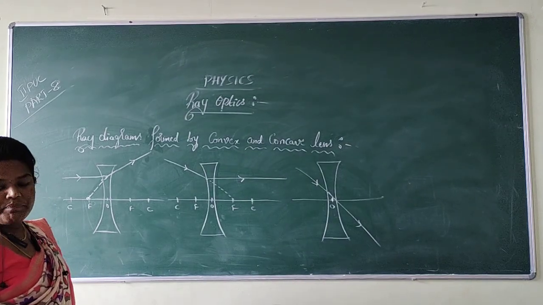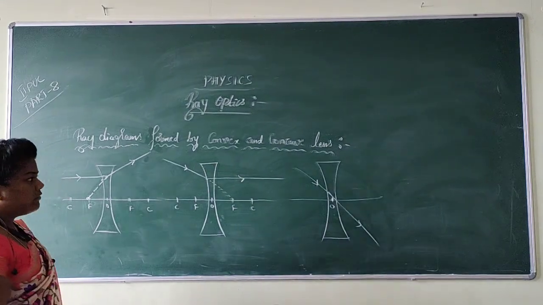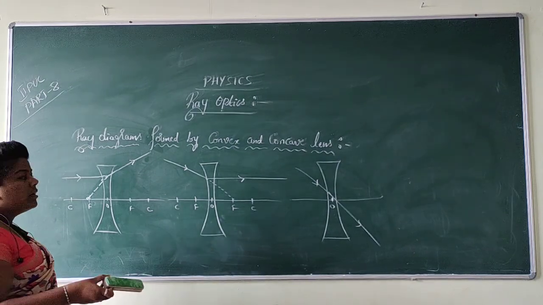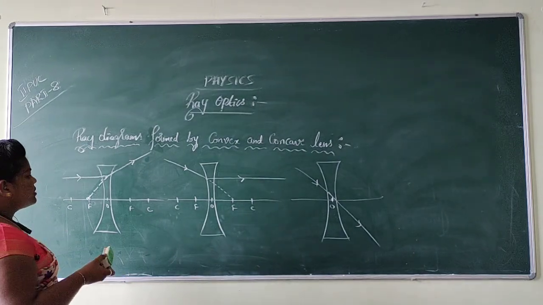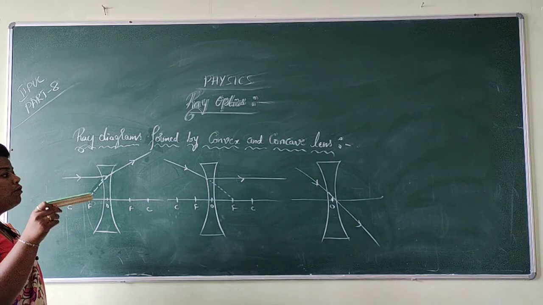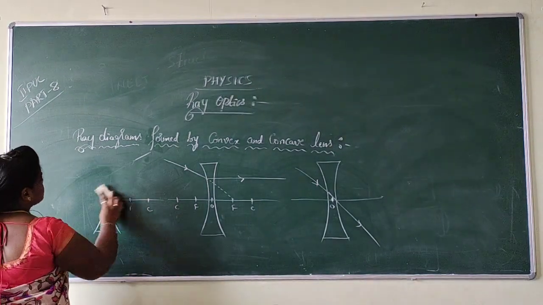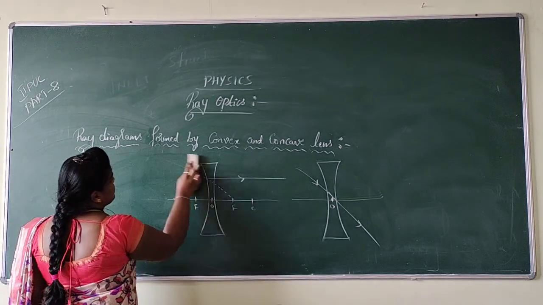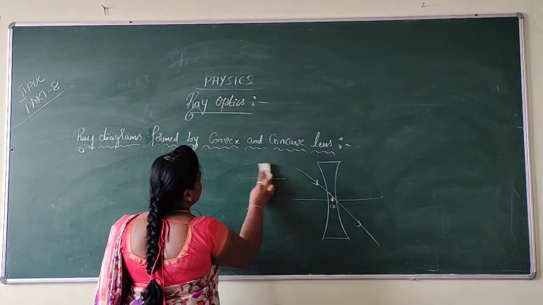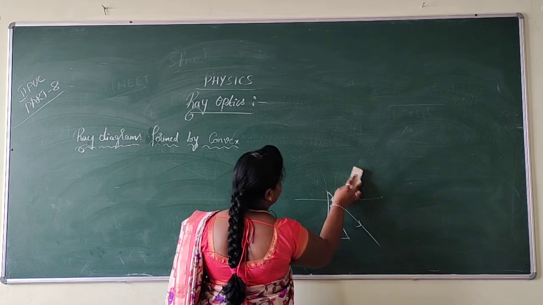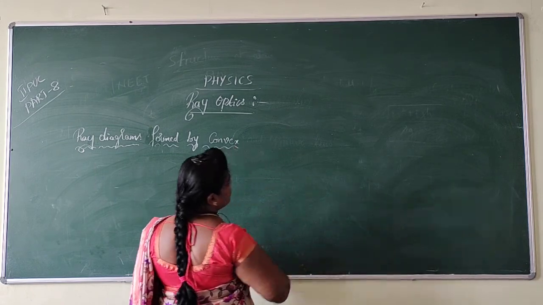They explain how rays of light undergo refraction when they are parallel to the principal axis, when they fall towards the optic center, and when they are incident towards the principal focus. Now let us see the ray diagrams for different positions of an object for a lens.